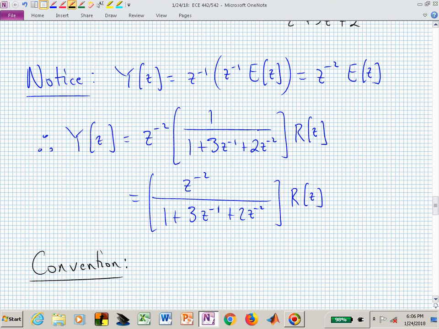In this class, our convention is probably to work with polynomials in powers of z, positive powers of z.